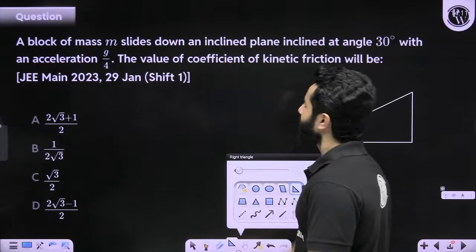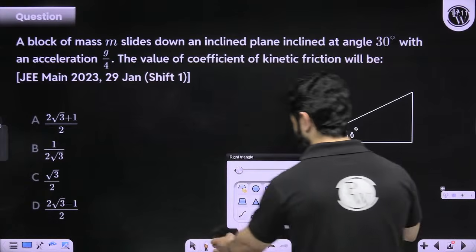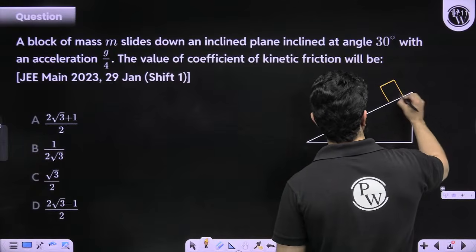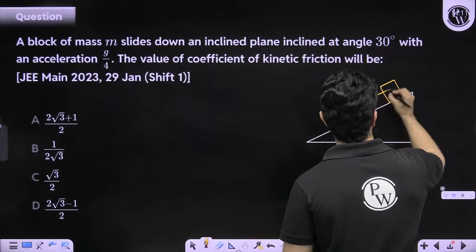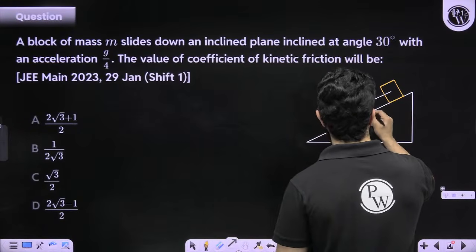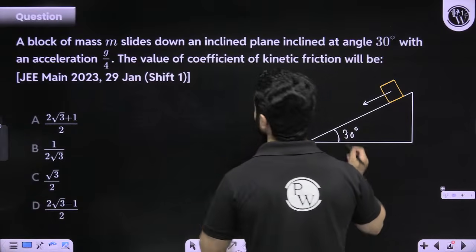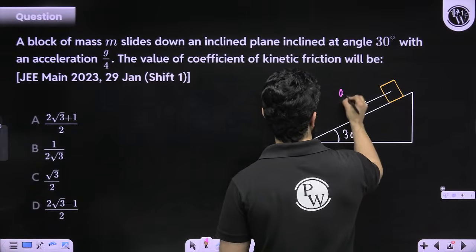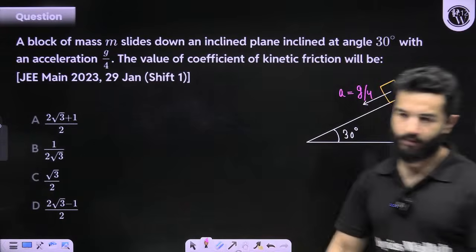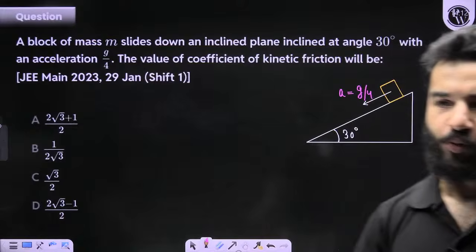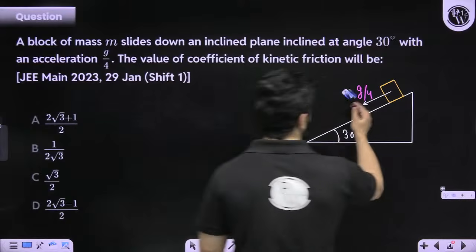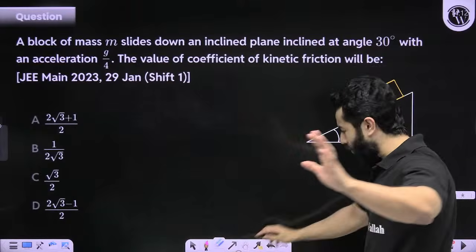And then they are saying that a block of mass m slides down with an acceleration of g by 4. And we have to find out the value of mu. Very good, very good. Let's quickly do it. Okay, so the acceleration is g by 4. Great. Let me draw the free body diagram.